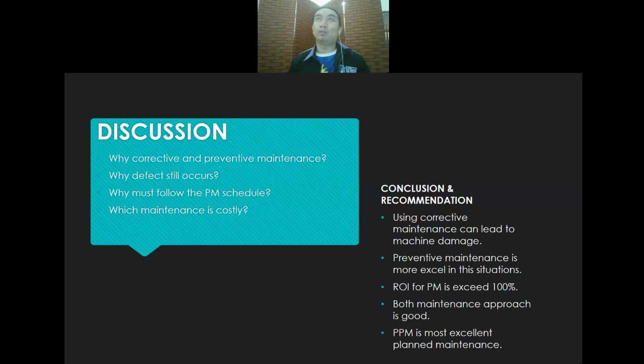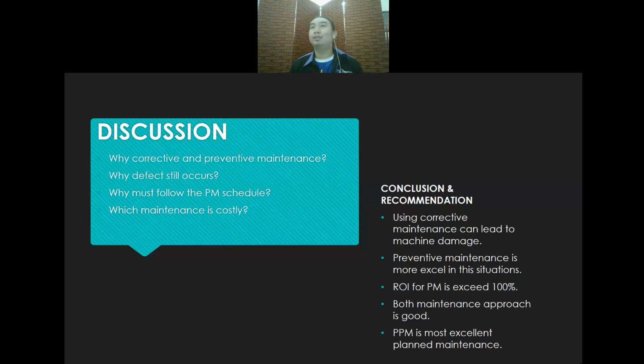Preventive maintenance shows that you can prevent before it breaks down. As for the ROI, the PM exceeds 100%, so it is good, rather than corrective, which is about 20%.